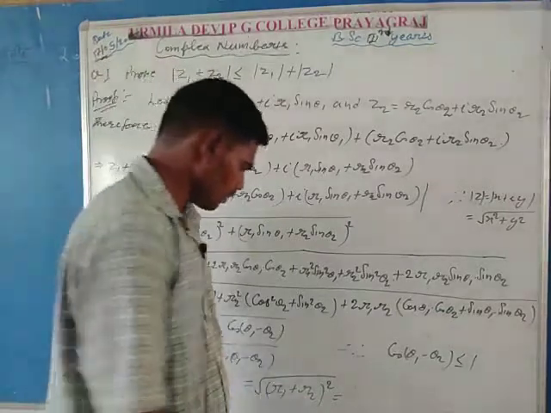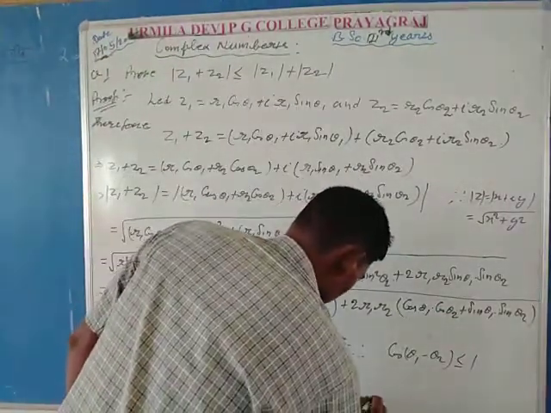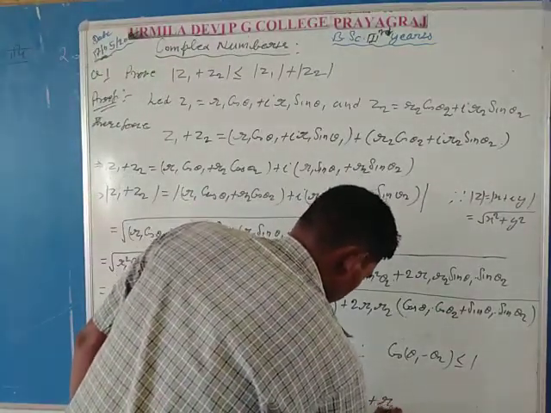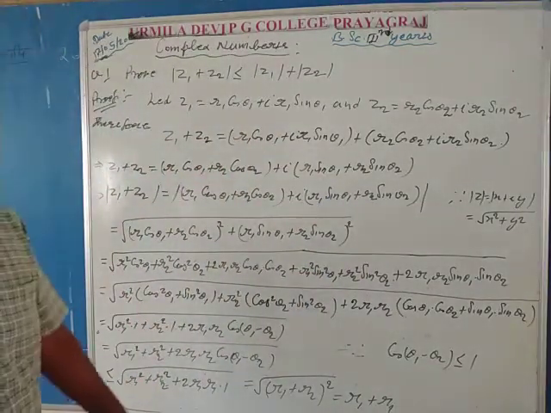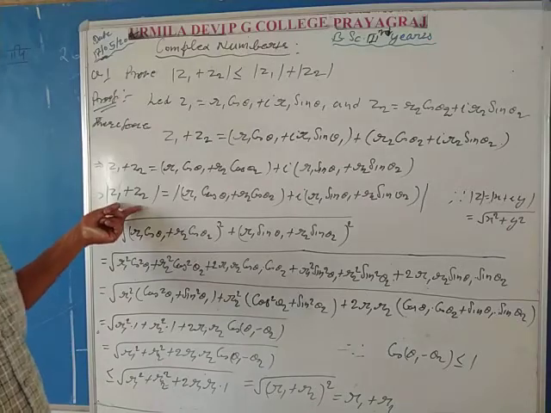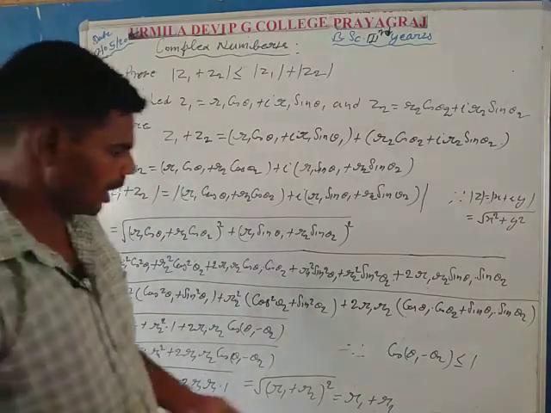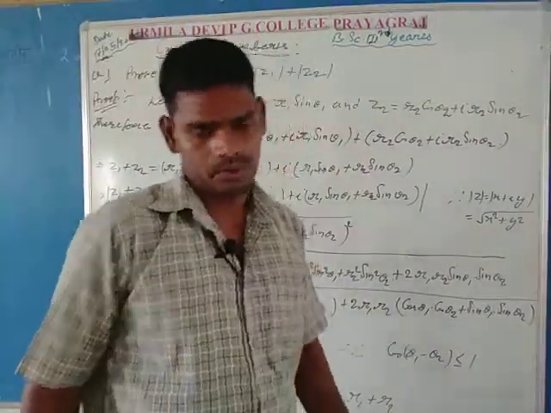This value is equal to r1 plus r2. So from this it is clear that mod of z1 plus z2 is less than or equal to r1 plus r2.